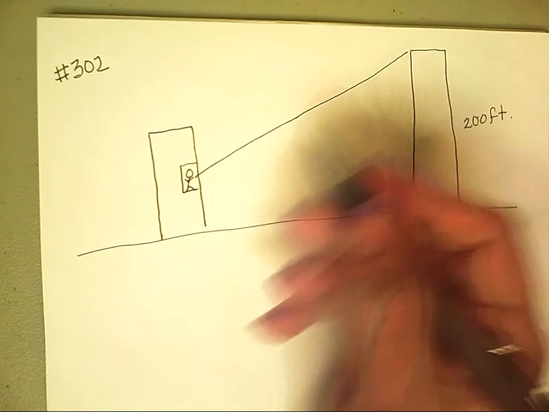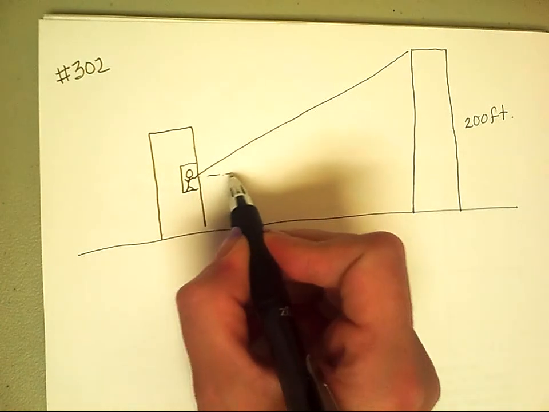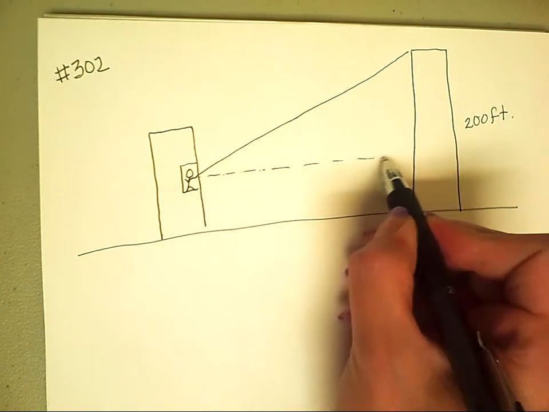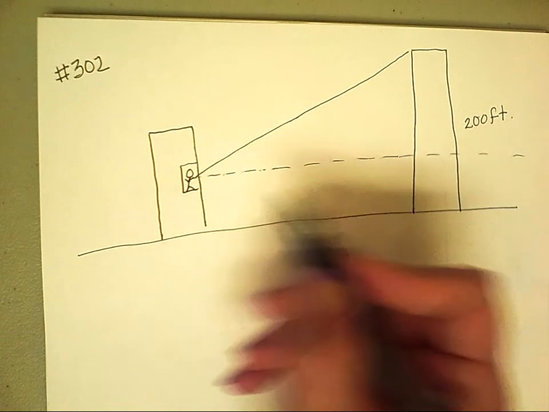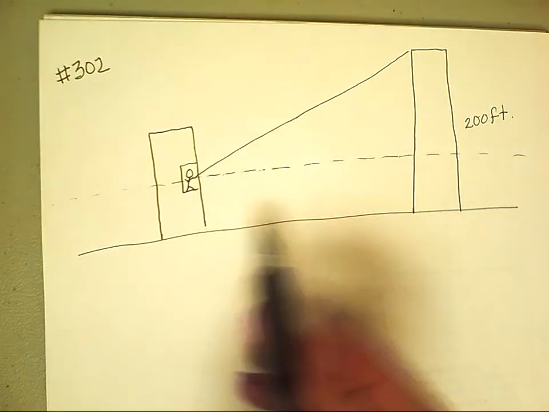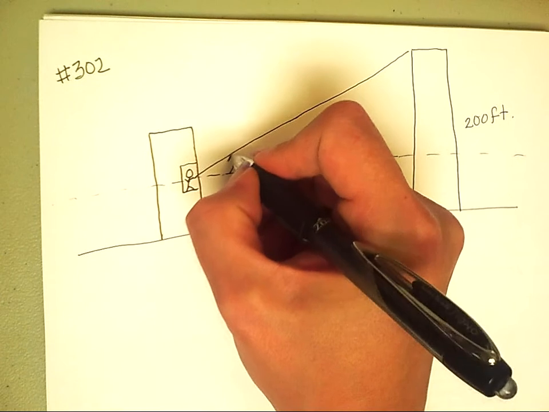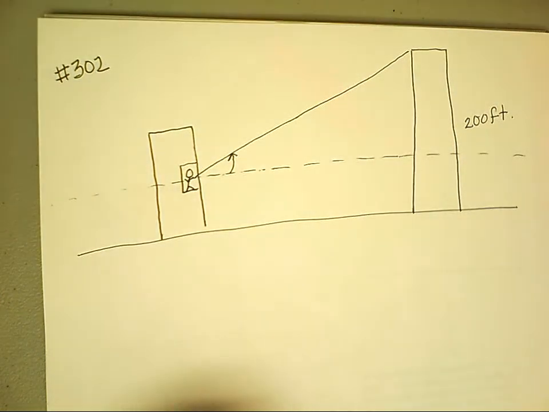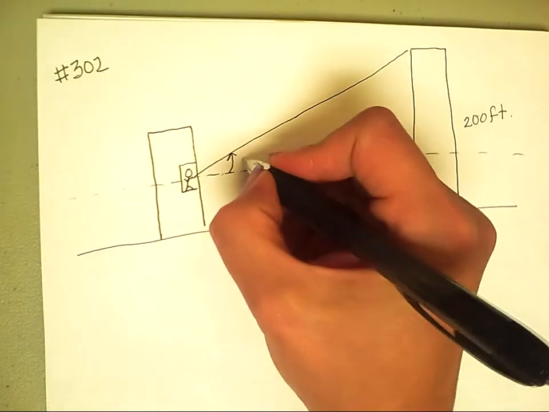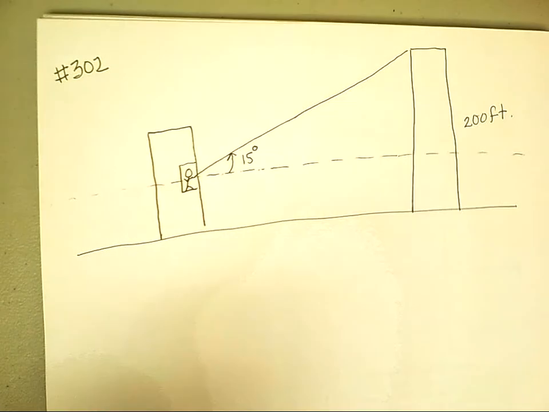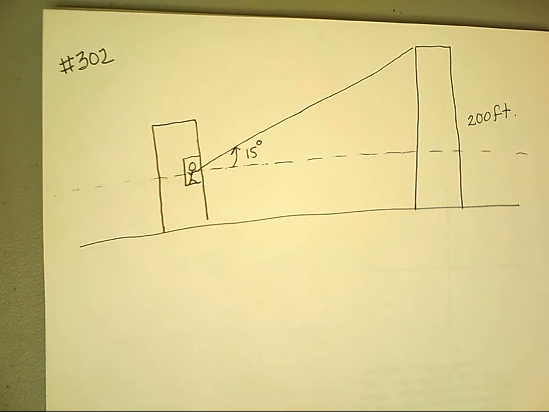If they look up for the angle of elevation, we should also note here we should put in the parallel line through the person, that is parallel to the ground, because this will be the angle of elevation. And we are told that the angle of elevation to the top of the monument is 15 degrees.